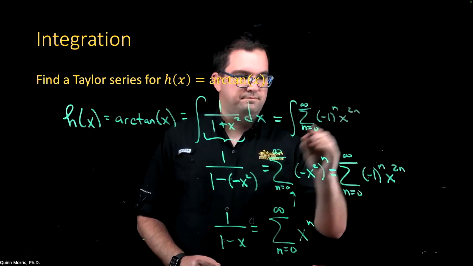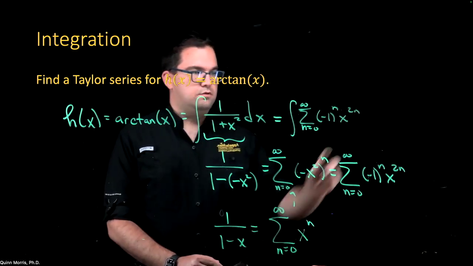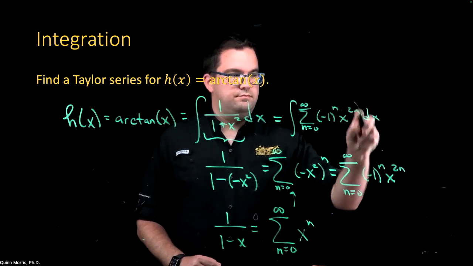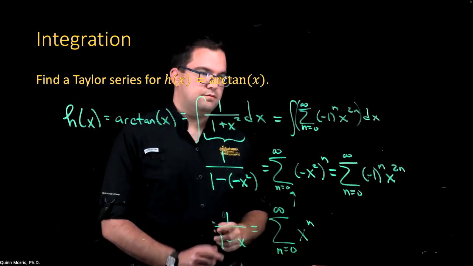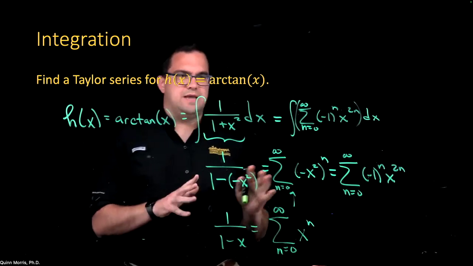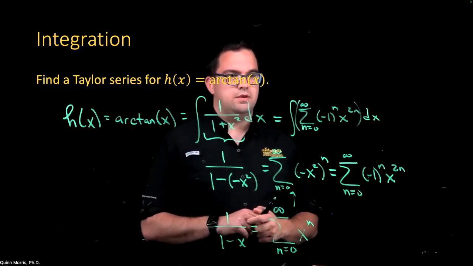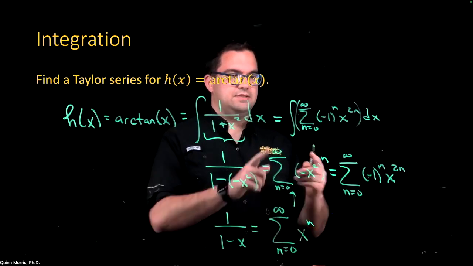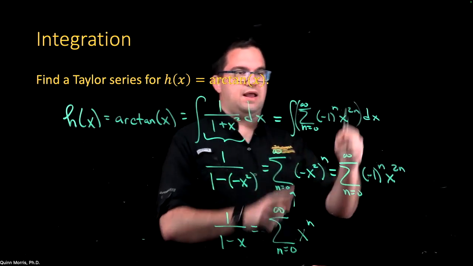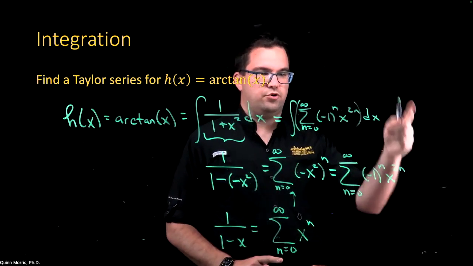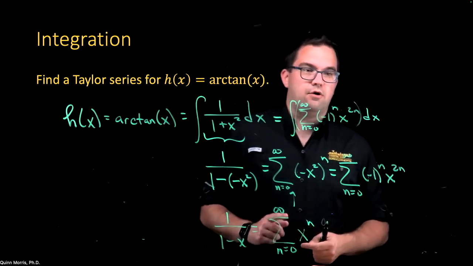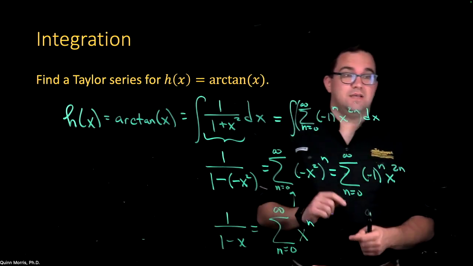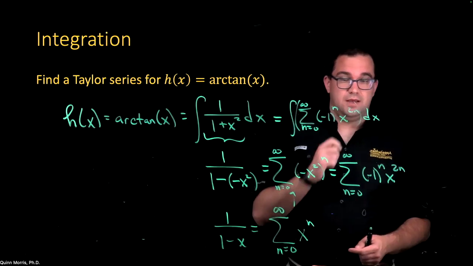Now, you should be a little skeptical of what I'm about to do. What I'm going to do in a minute is say, well, this is just a sum, and I can integrate a sum term by term. Now that's true for finite sums, but this is an infinite sum.